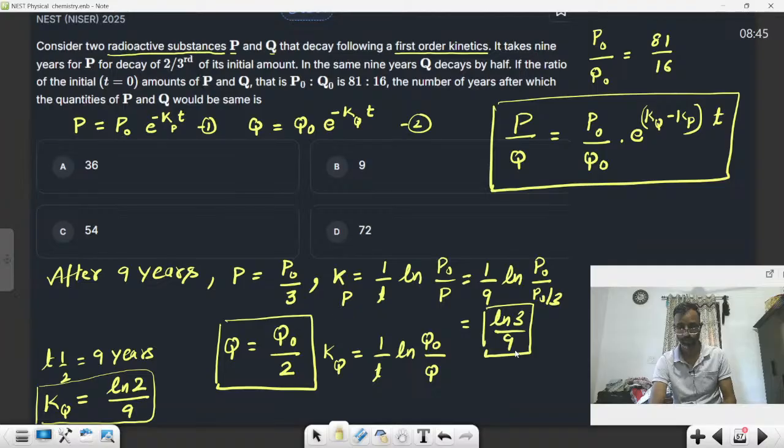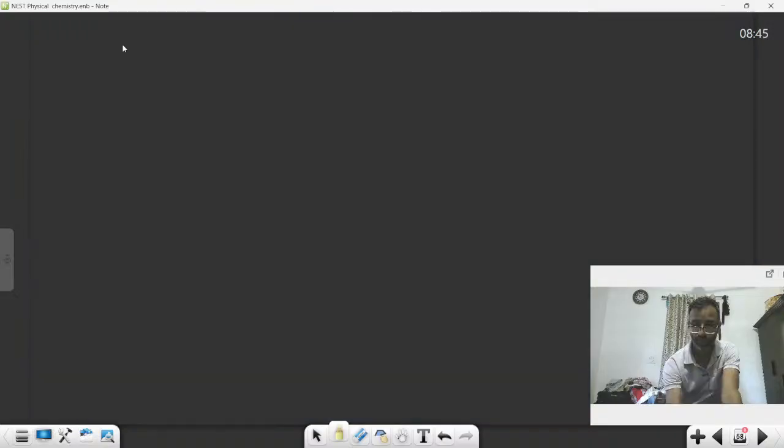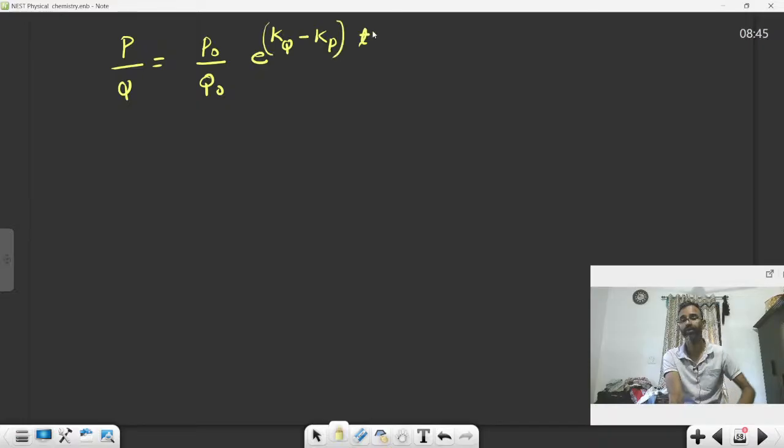So now this relation, p upon q equal to p naught upon q naught and e raised to power kq minus kp into t. So what is p upon q?